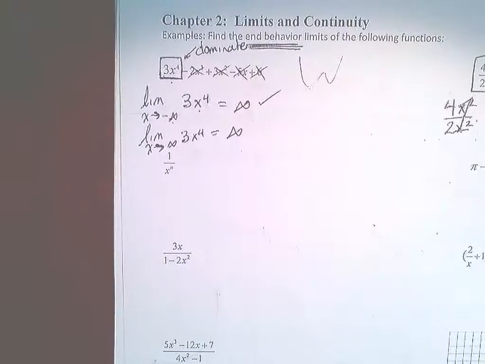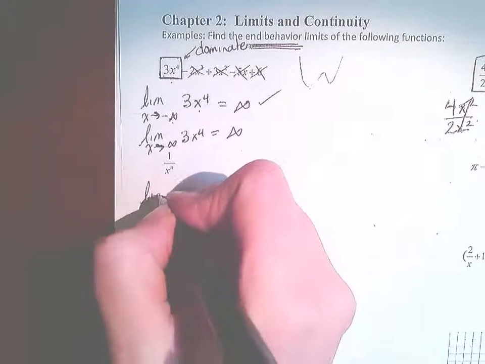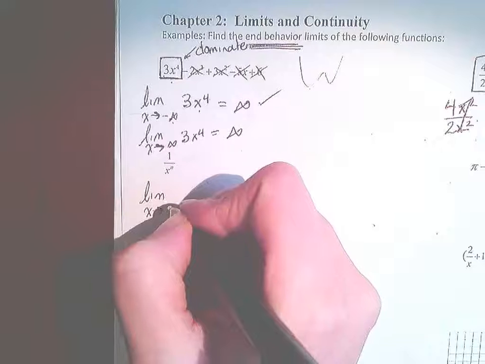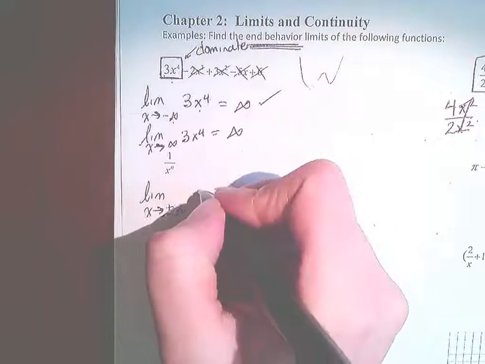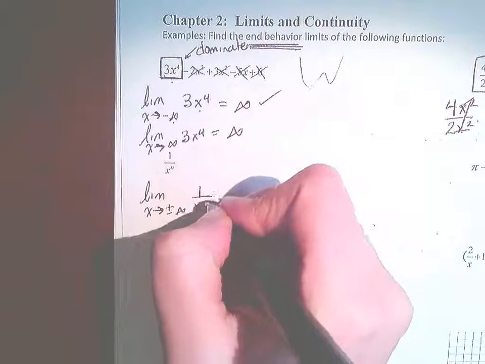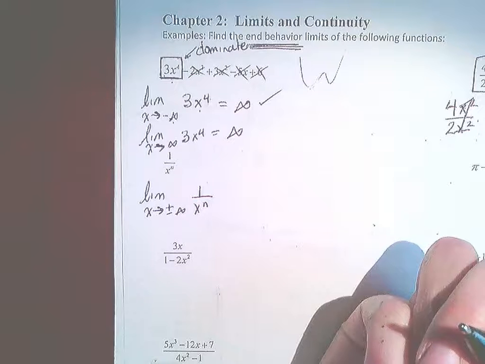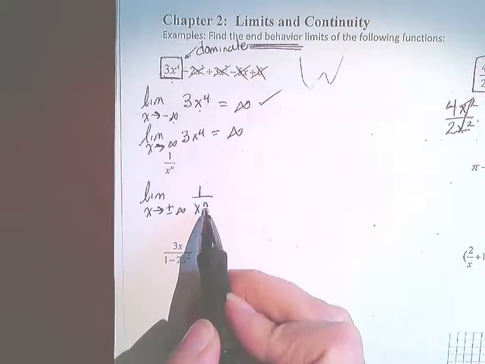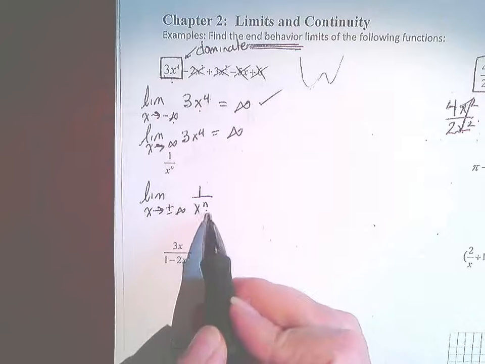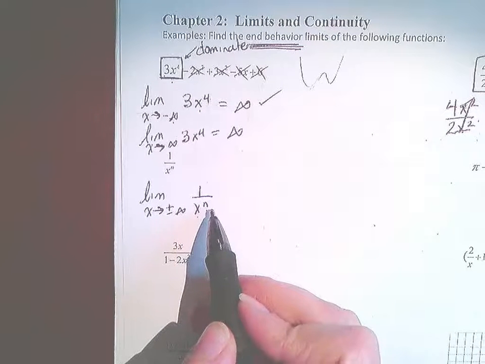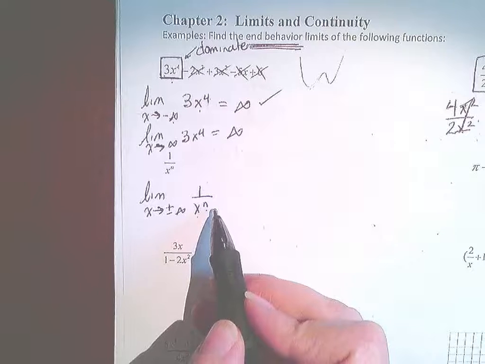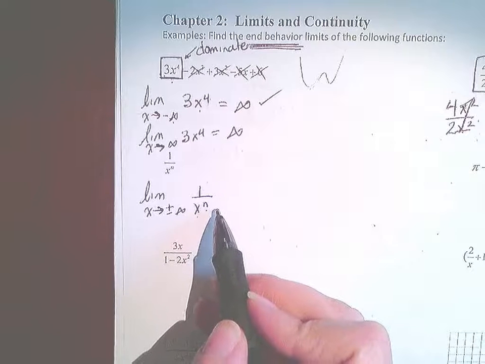Alright, next. What is the limit as x approaches positive or negative infinity of 1 over x to the n? It doesn't matter if I plug in positive or negative infinity. What happens to this number, x raised to infinity, is it's going to be a very large positive or a very large negative.